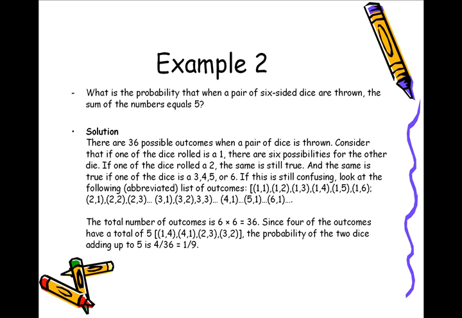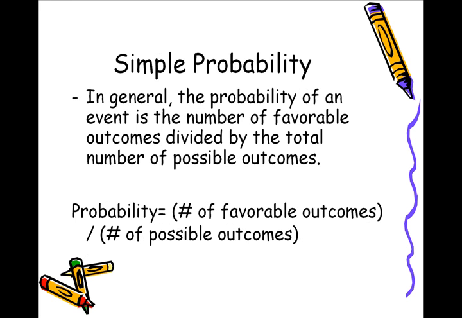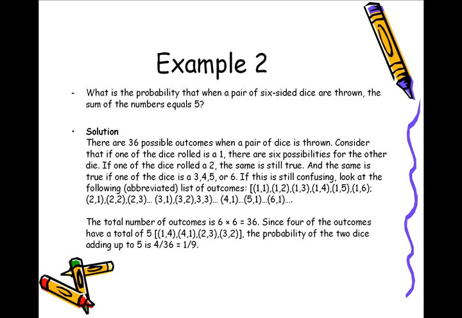The total number of outcomes of these two rolls is 36. So again, going back to my formula, which is the number of favorable outcomes divided by the number of possible outcomes, this becomes 4 over 36, which is 1 over 9.